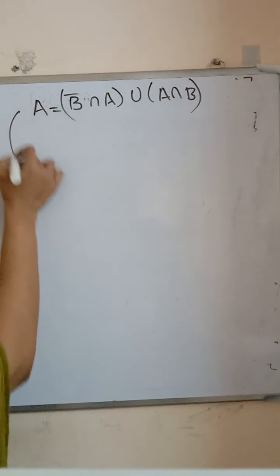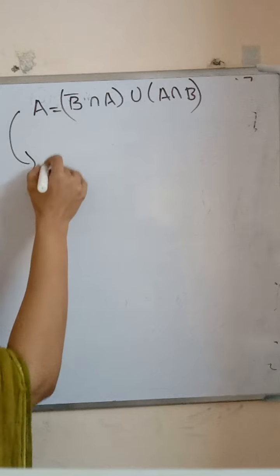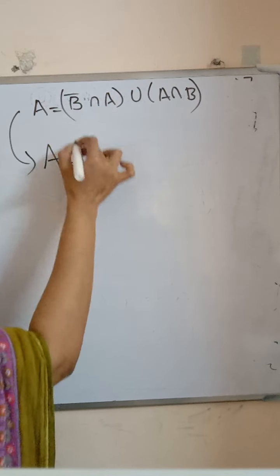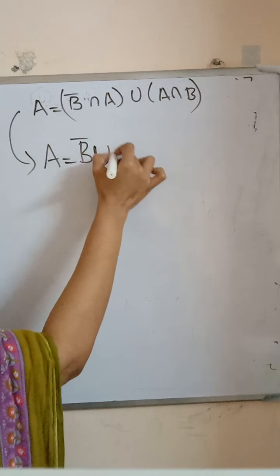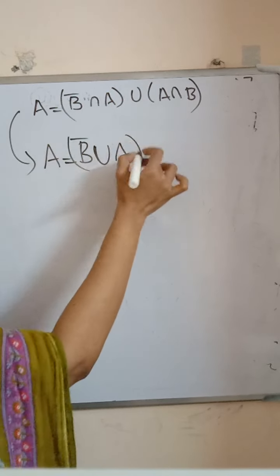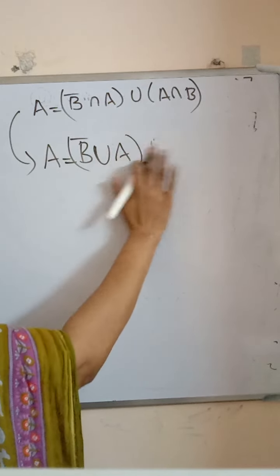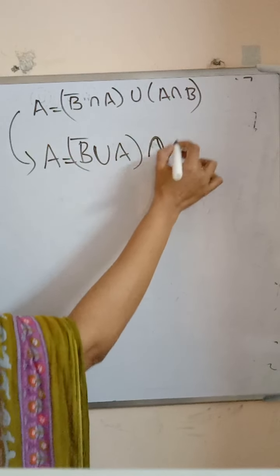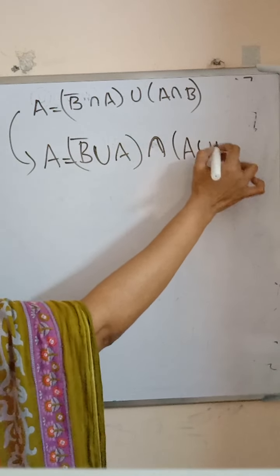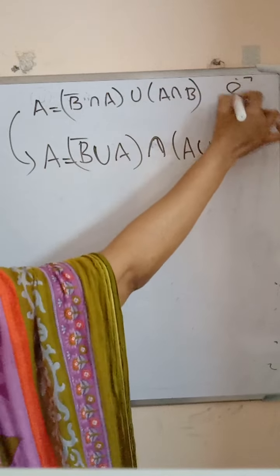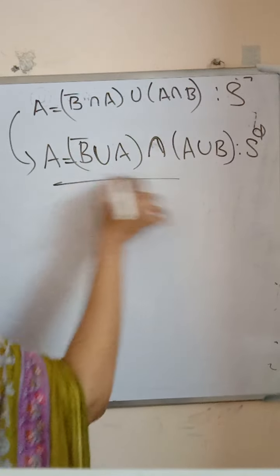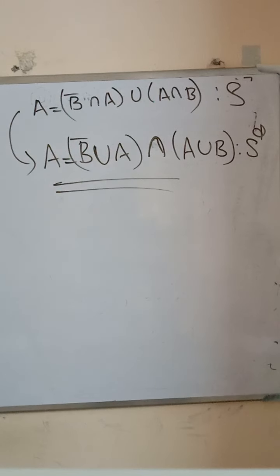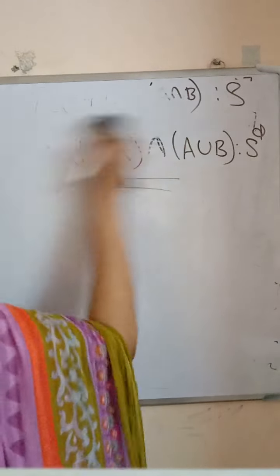So an easy way to write the dual is: A is equal to B complement, union replaced with intersection, intersection replaced with union, and union replaced with intersection. That is, here also A union B. This is the statement S, then its dual is S^D.